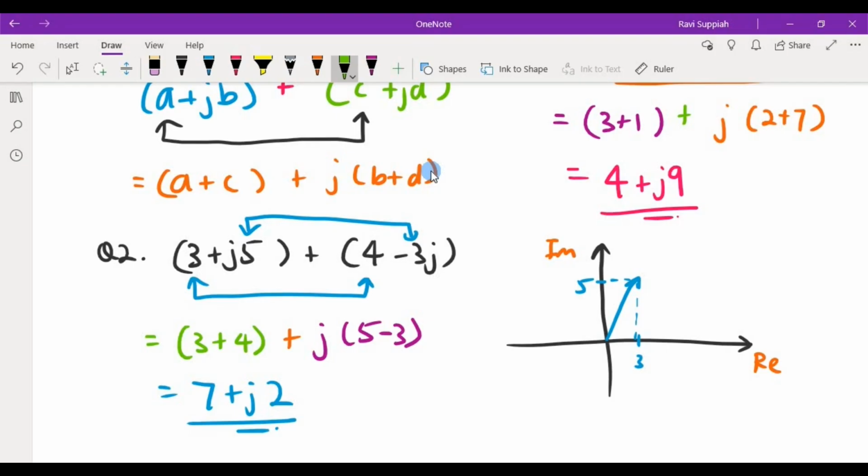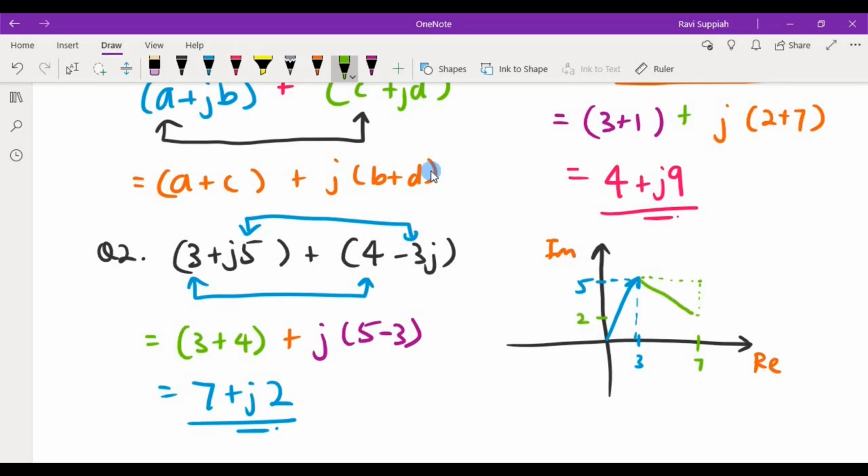From this point I will go 4 units in the real axis, so 3 plus 4 would be 7. Then I need to go down 3 units in the imaginary axis, so 5 minus 3 would be 2. So it will be somewhere here.